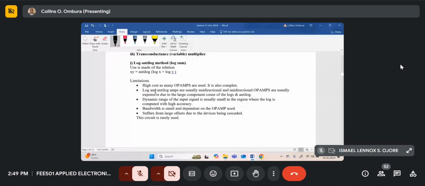In this method, we make use of the relationship that XY is the anti-log of log X plus log Y. To implement this multiplier, if I start with my variables, say x and y, which I want to multiply, I go through log amplifiers.